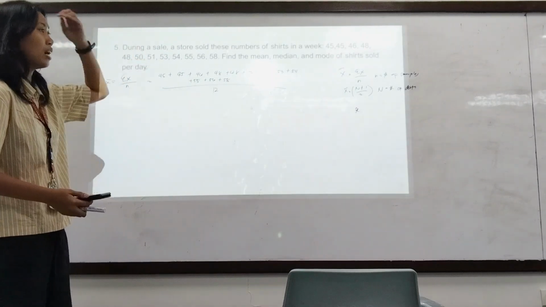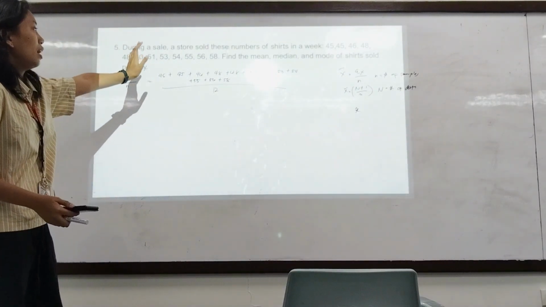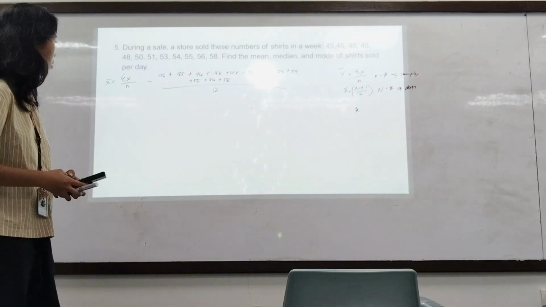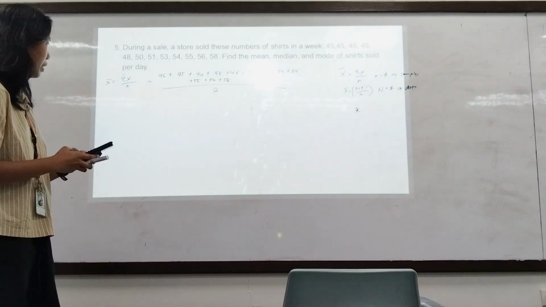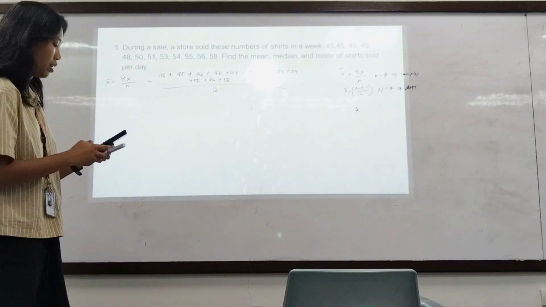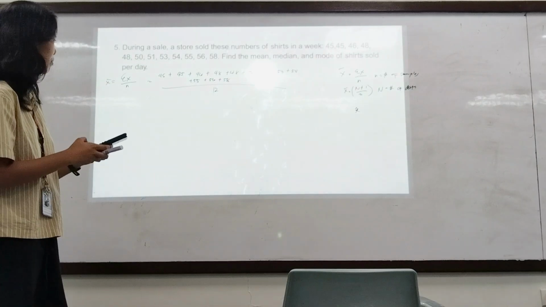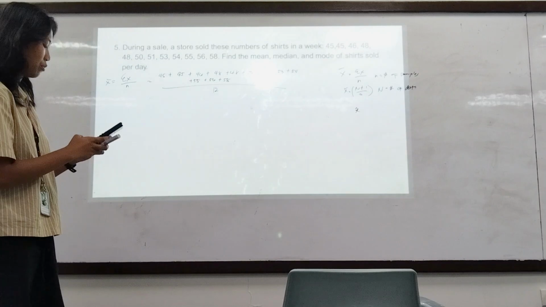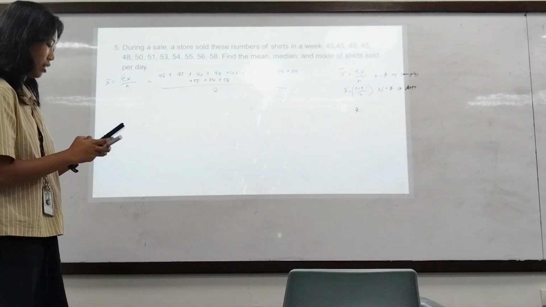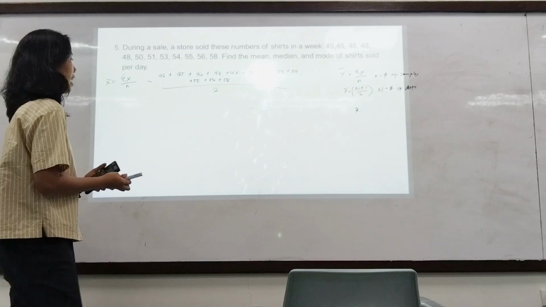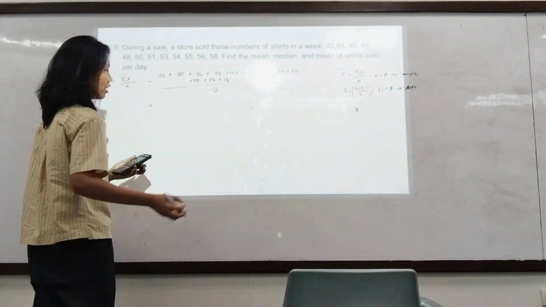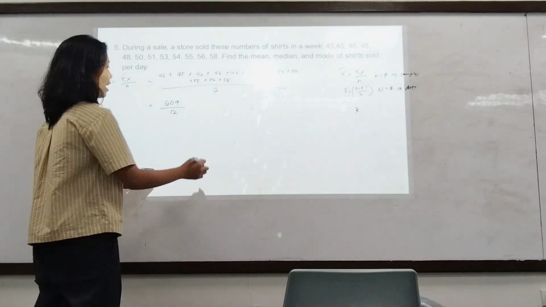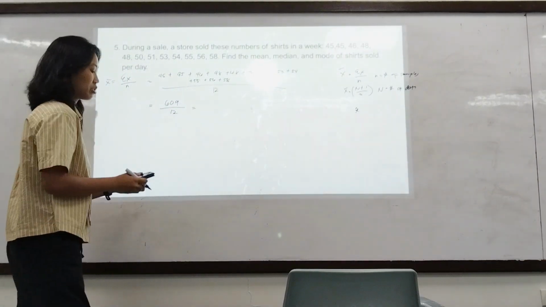Again, we're gonna look for the sum and divide it with its denominator. The answer for the numerator is 609 over 12, so that we can find the quotient.